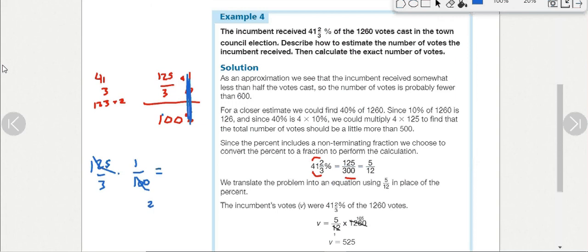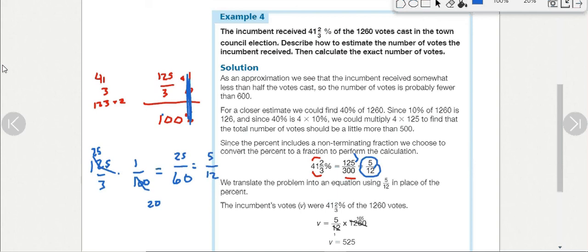So we get 25 over 60. They just did 125 over 300. I guess that's kind of what I'm doing right now. 25 over 60 reduces to, divide both by 5, 5 over 12. However you do it, you get to 5 over 12.